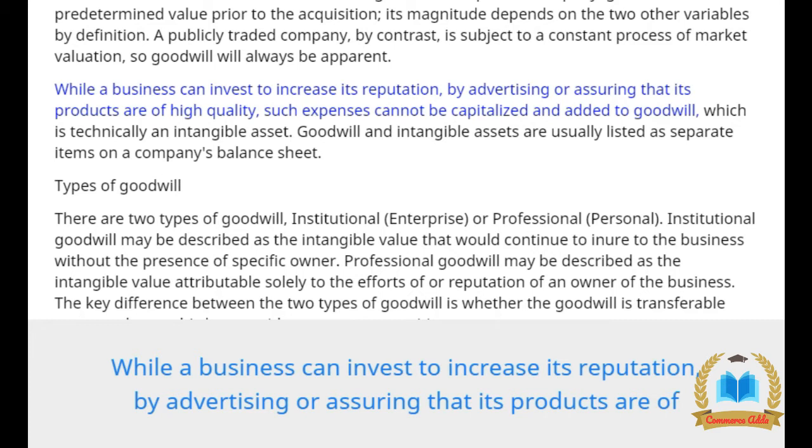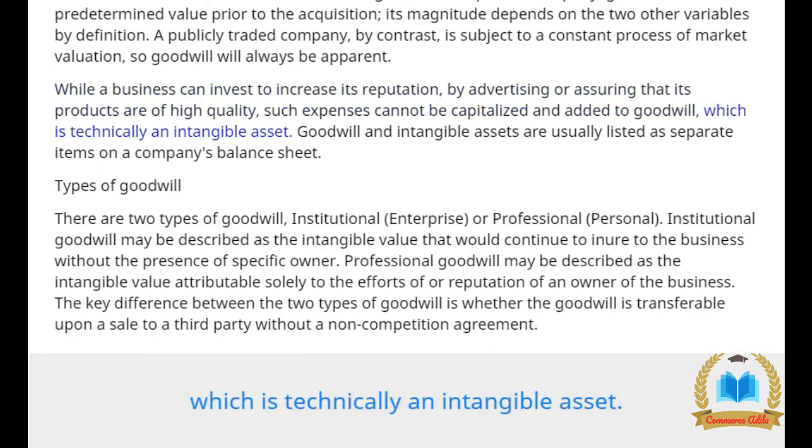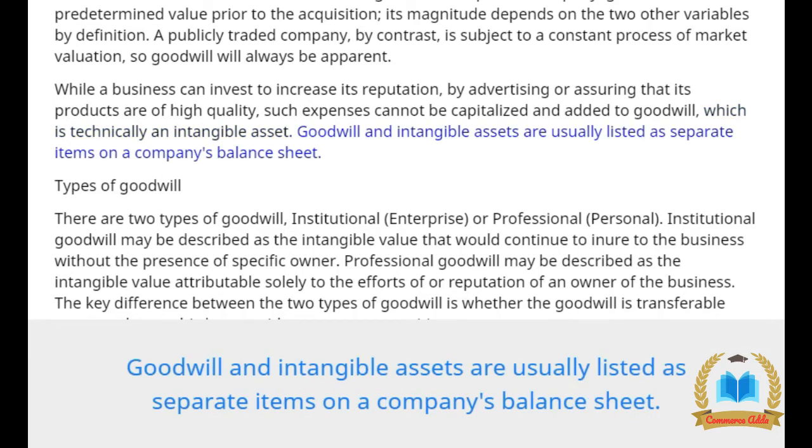While a business can invest to increase its reputation, by advertising, or assuring that its products are of high quality, such expenses cannot be capitalized and added to goodwill, which is technically an intangible asset. Goodwill and intangible assets are usually listed as separate items on a company's balance sheet.